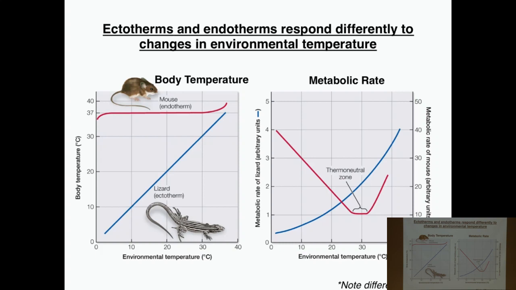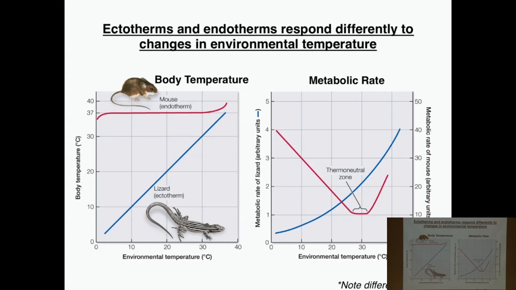Similarly, the lizard's metabolic rate is also going to rise as the environmental temperature changes. And that's because the metabolic rate is changing as the body temperature rises. Right? So the metabolic rate overall is showing a Q10 value of greater than 1. As the temperature goes up, metabolism goes up.